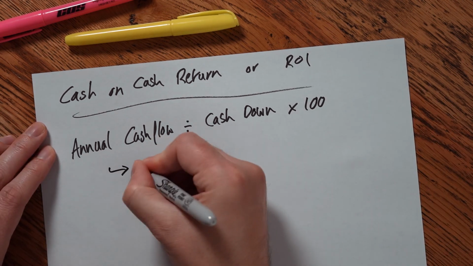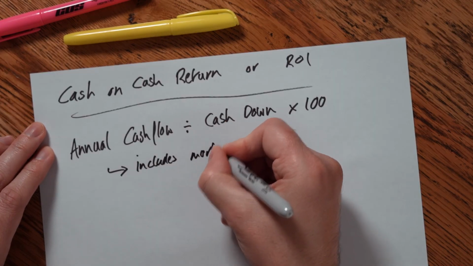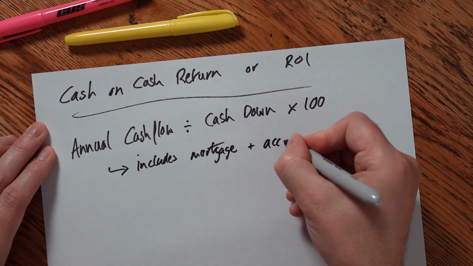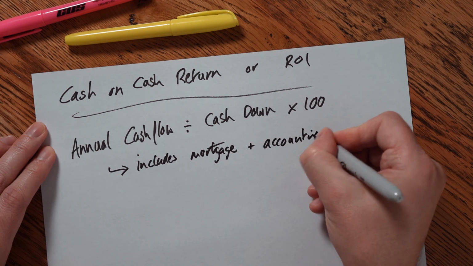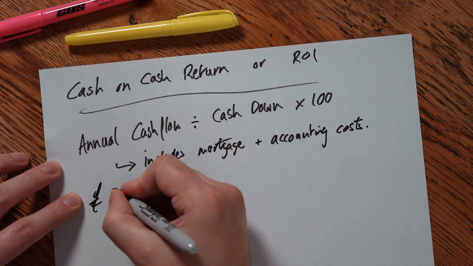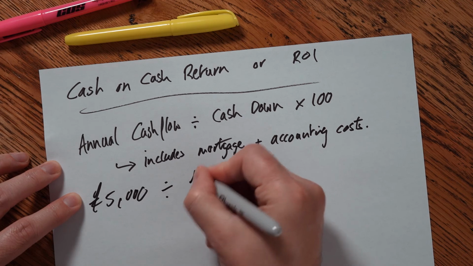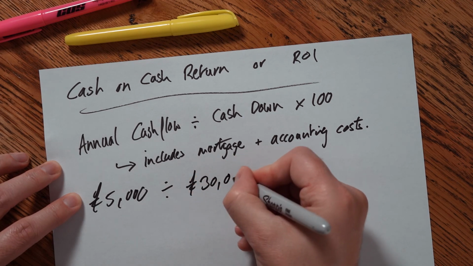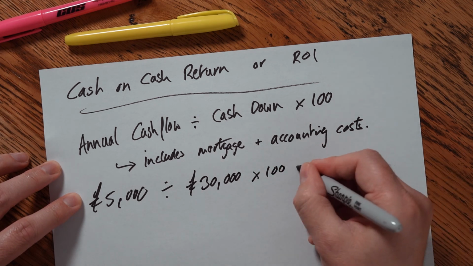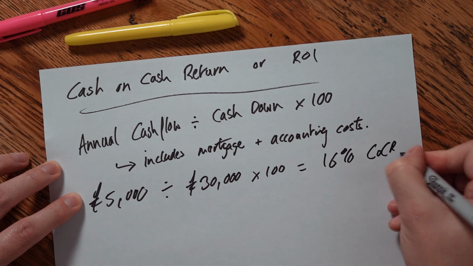So this figure includes our mortgage numbers and accounting costs. So as an example here then, we would say we've got £5,000 and we divide that by our cash down. Let's say we put £30,000 down. We times that by 100 to get our percentage. That would then equal a 16% cash on cash return.